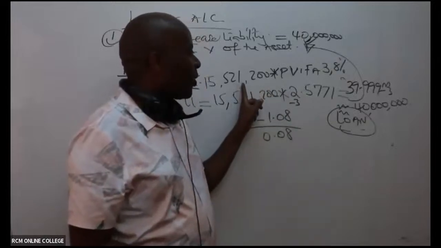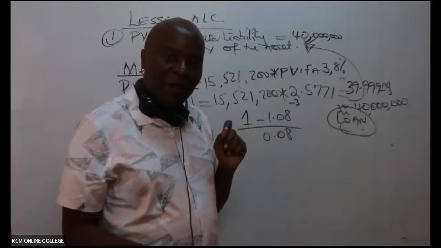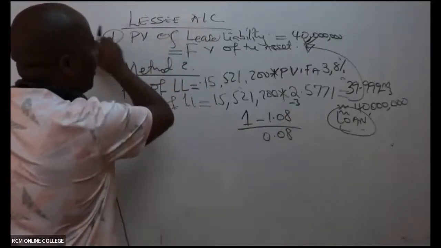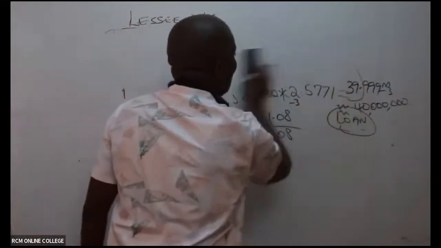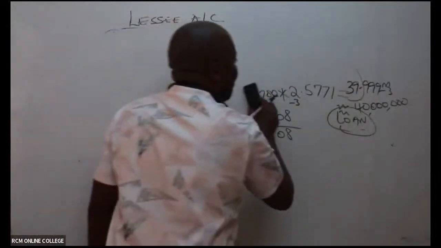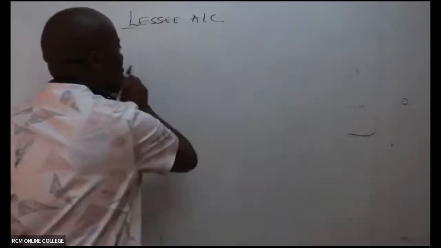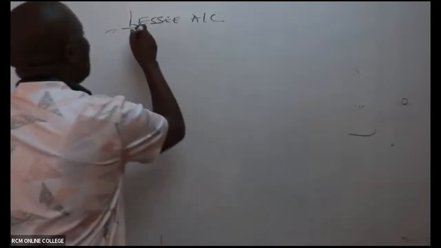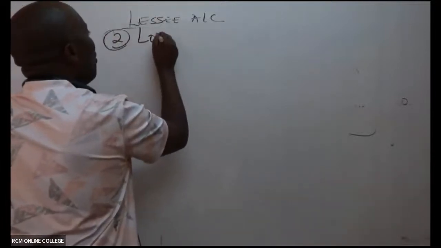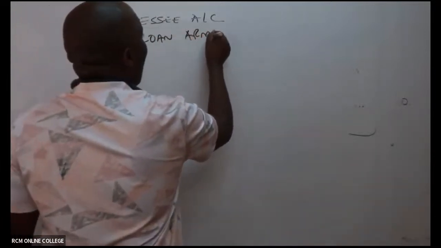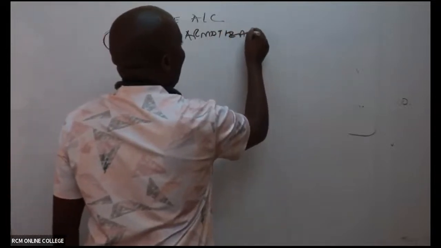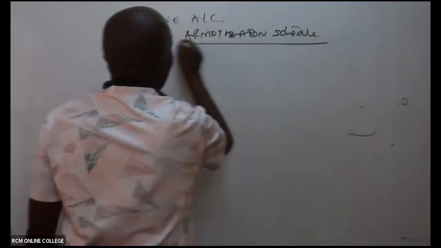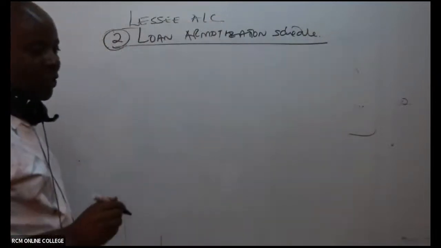So because he has been given this as a loan, step number 2 will be for you to prepare a loan amortization schedule for the lessee.